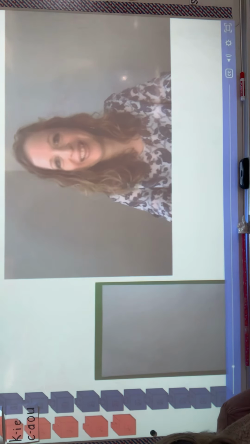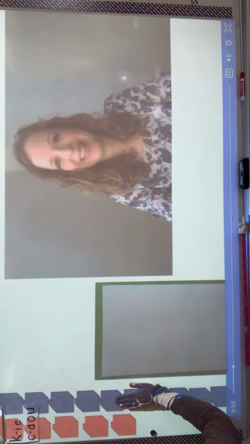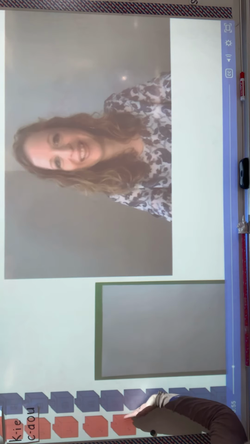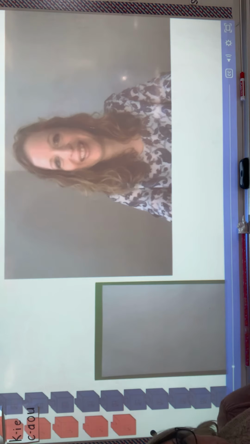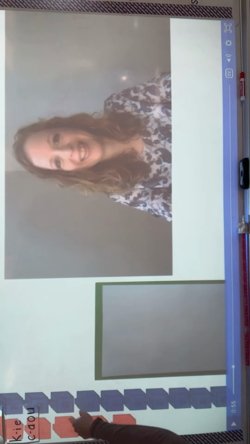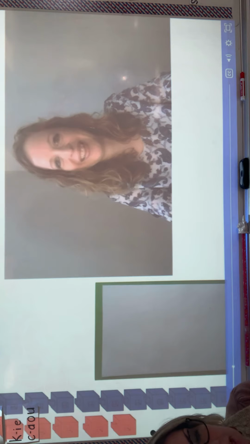Okay, so you do not have to have exactly what she has. If you have 10 Legos that you can stack, anything you can stack, but you're gonna need 10 of one and 5 of another. If you don't quite have that many, that's okay, and a blank sheet of paper or a whiteboard.